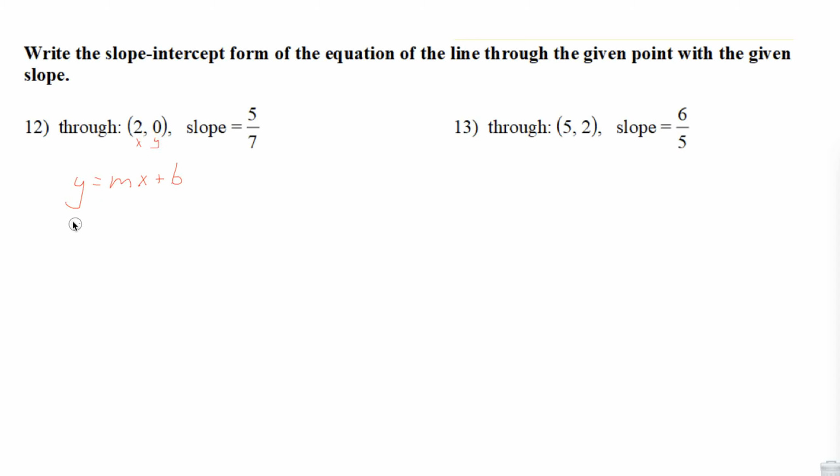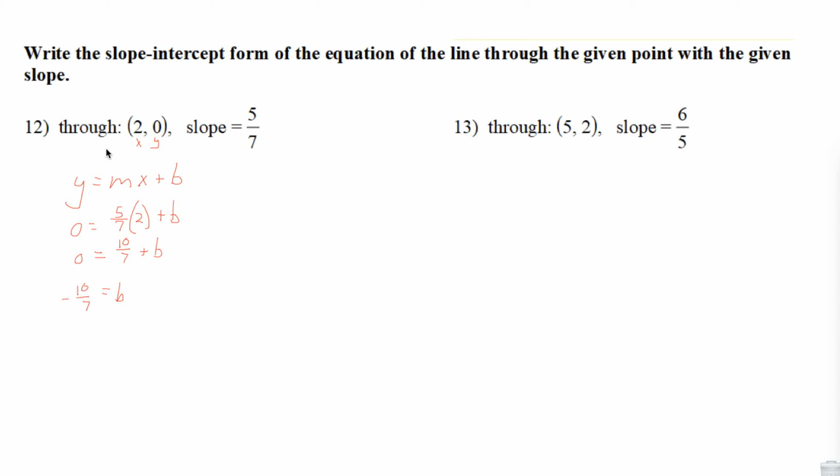So this will be 0 equals the slope, which we can plug in, that's 5/7, times x, which was 2, plus b, and we can solve for b. So this is 10/7 plus b. Subtract 10/7 from both sides, and you get b is equal to -10/7.